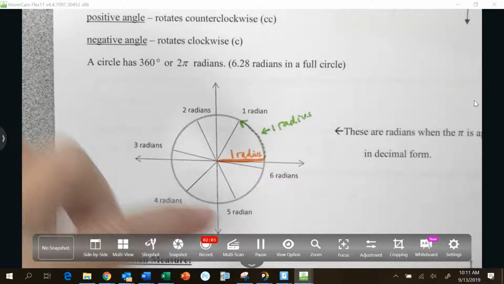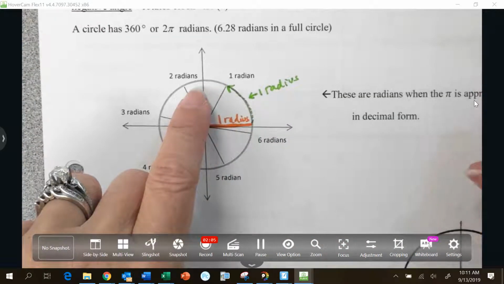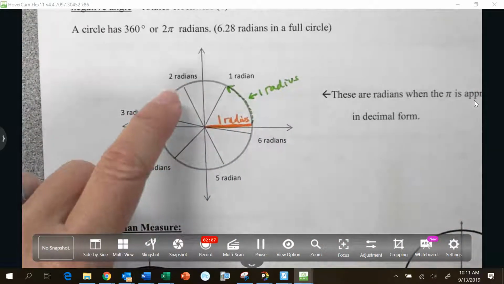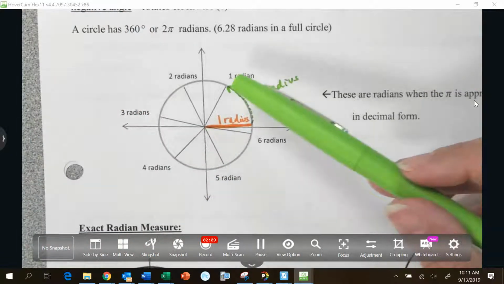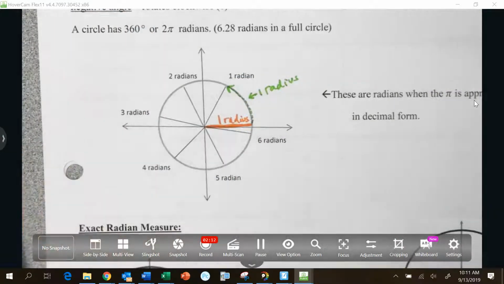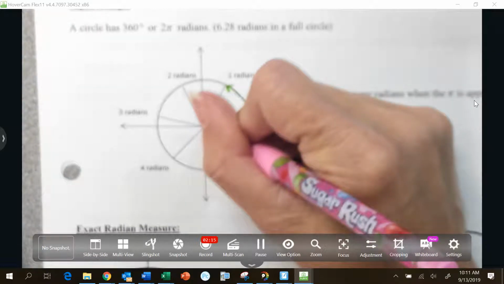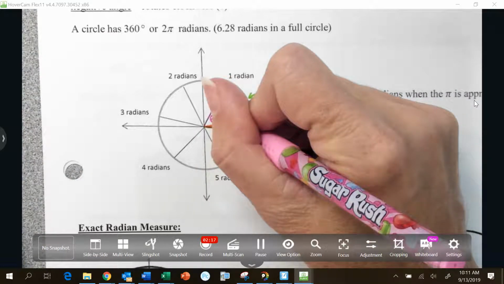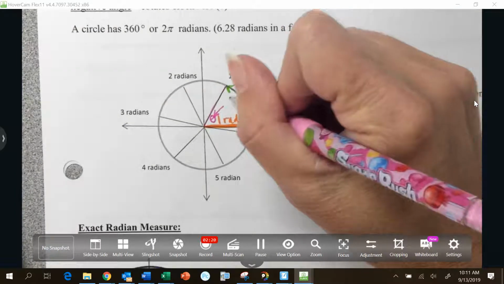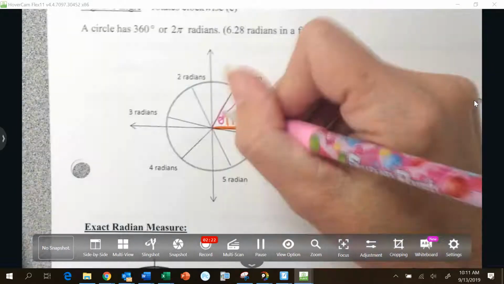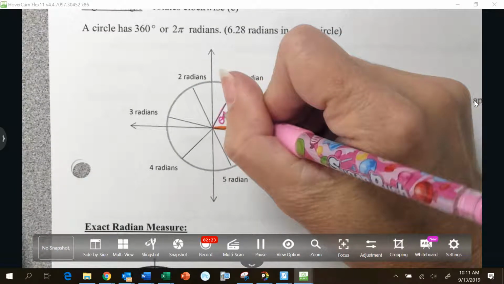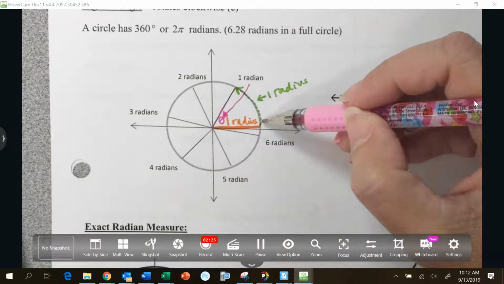They bend it around the circle, and it's the distance of one radius. But when we do that, the angle that is formed right here to the terminal side is called 1 radian.